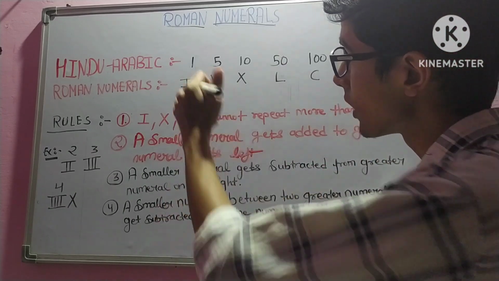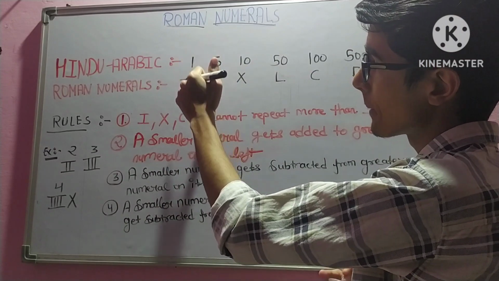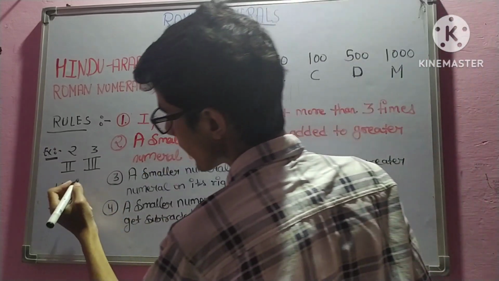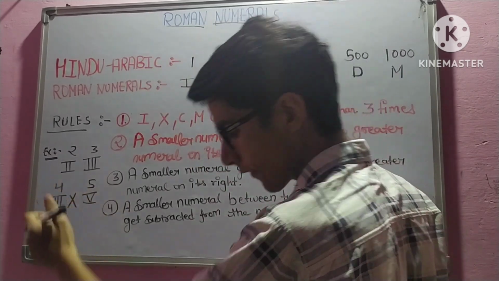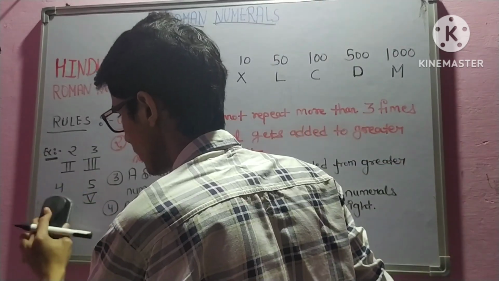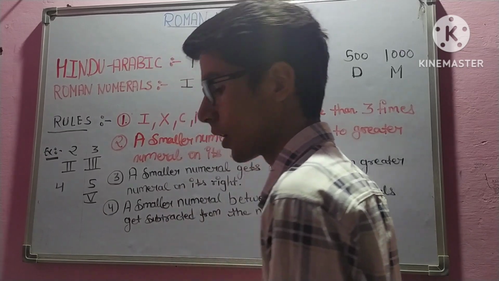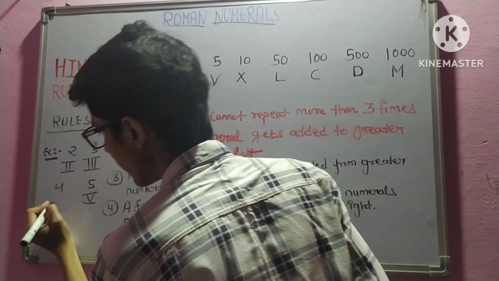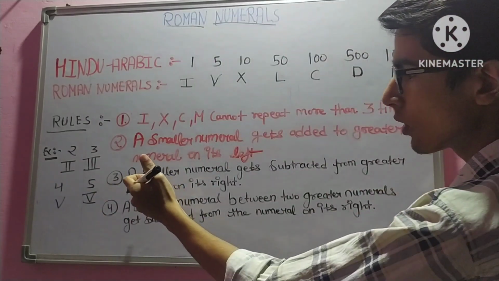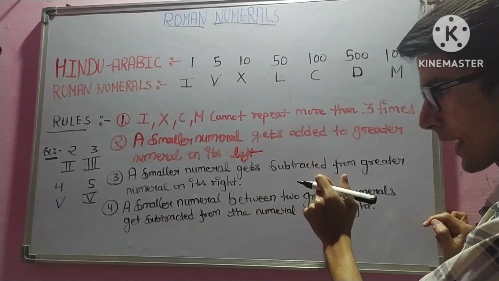So let me talk. We represent 5 as V. Suppose we write 5. 5 is represented as V. So how do we write 4? If you want to write 4, then first you have to write 5. Let's talk about rule number 3. The smaller numeral gets subtracted.